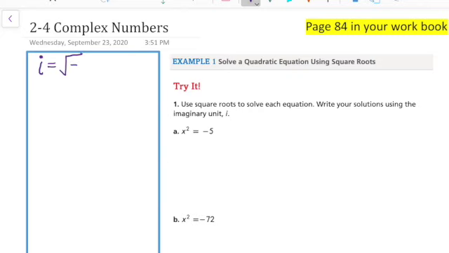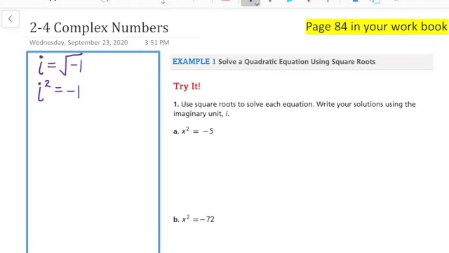We know that it's an i. And it always equals the square root of -1. We can also note that i squared would equal -1, because squaring something would get rid of the square root.